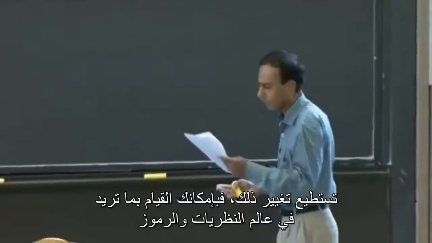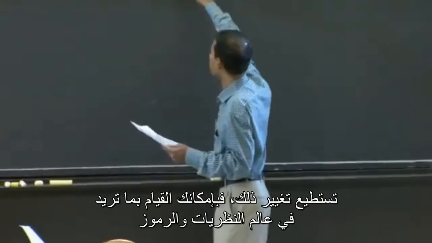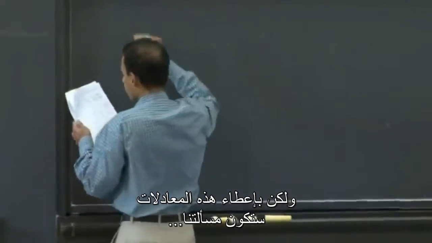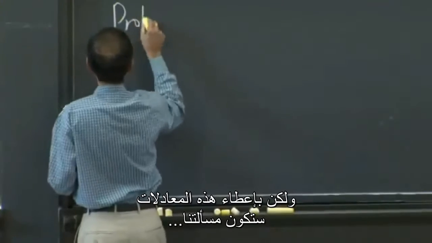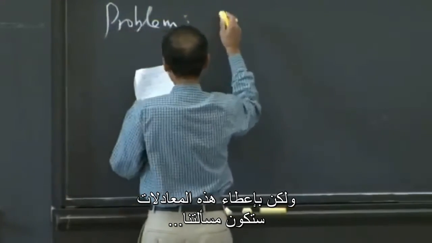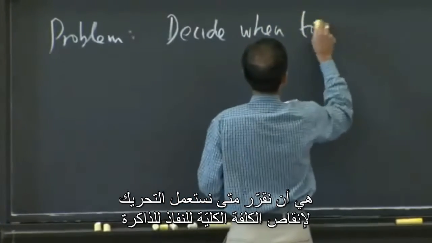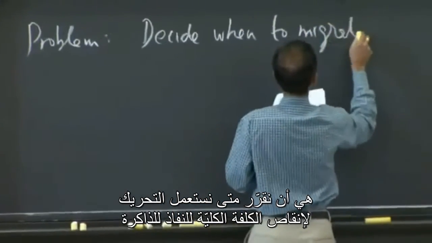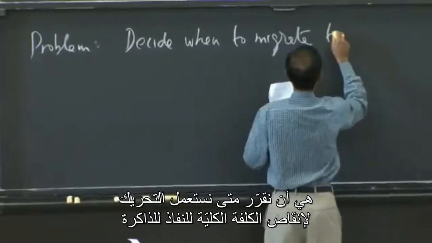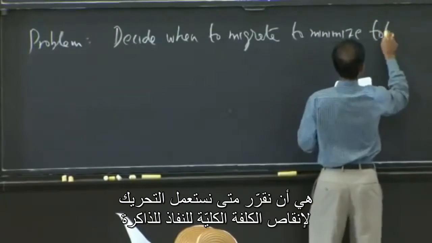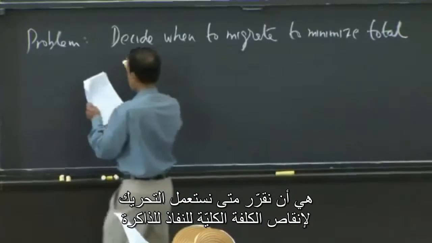This is now, we're in the realm of theory and symbols, so you can do whatever you want. But given those equations, our problem is decide when to migrate to minimize total memory access cost.